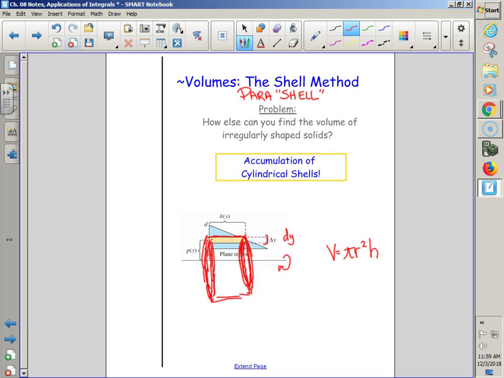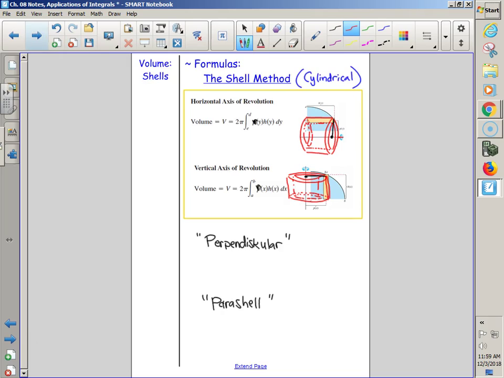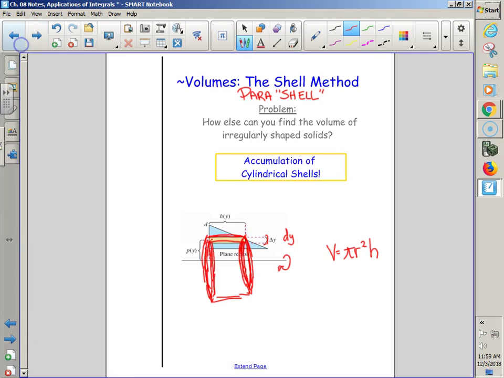The thickness has to do with the representative rectangle that's going to be revolved, which is ironically parallel to the actual axis. And this brings us up to, wait a minute, well, how does that work? That's the volume formula of a cylinder.